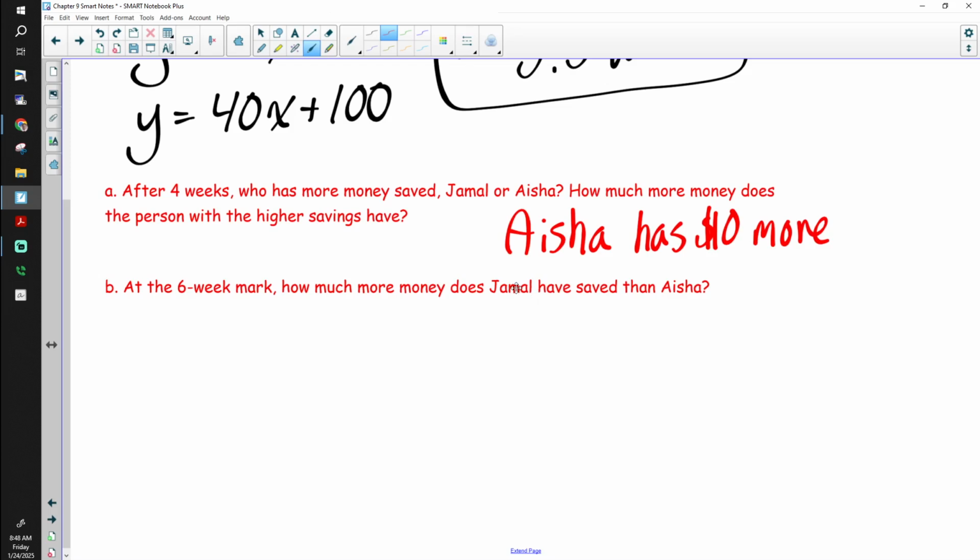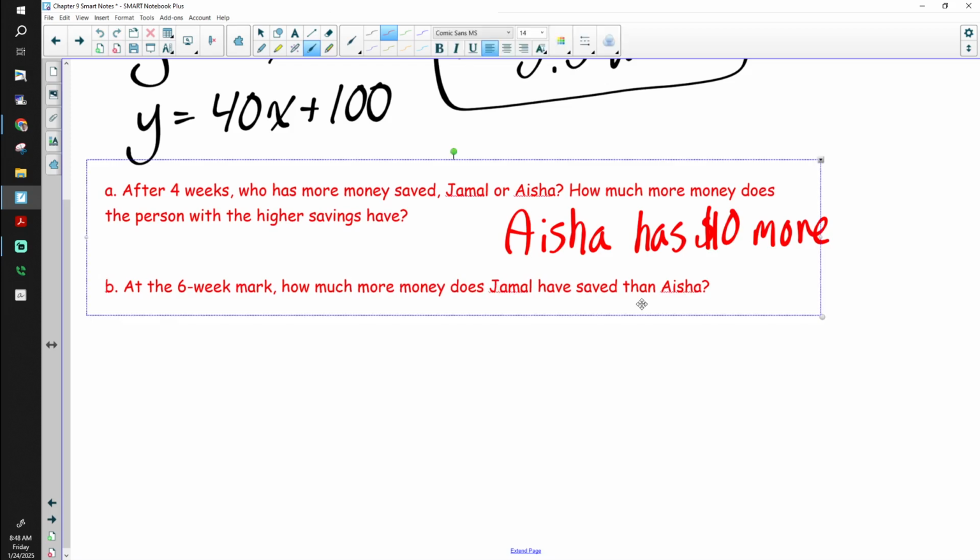No. If I wanted to fix this question and make it a better question, what should I have wrote? Because the answer is Jamal doesn't have more saved than Asia, does he? So how could I rewrite this question to be a better question?